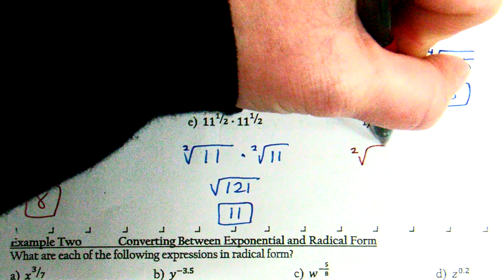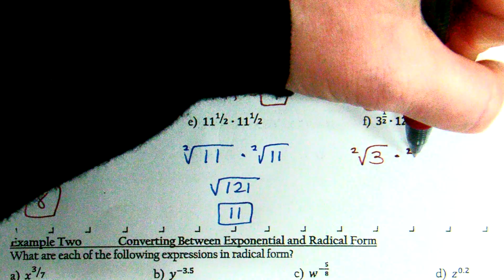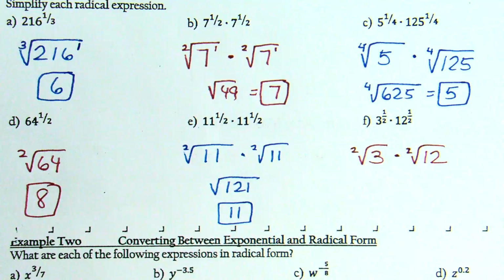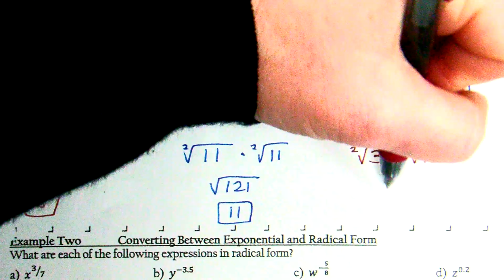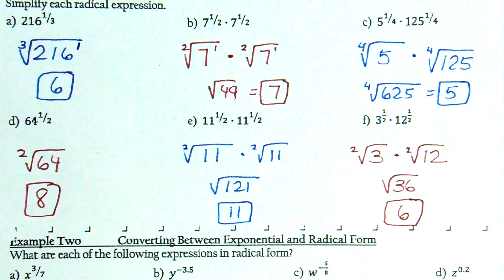What about 12 to the 1/2? Square root of 12. What's the square root of 3 times the square root of 12? Square root of 36. And what do we know about the square root of 36? 6. Are we okay with that? Not too bad? The key will be being able to remember it tomorrow.